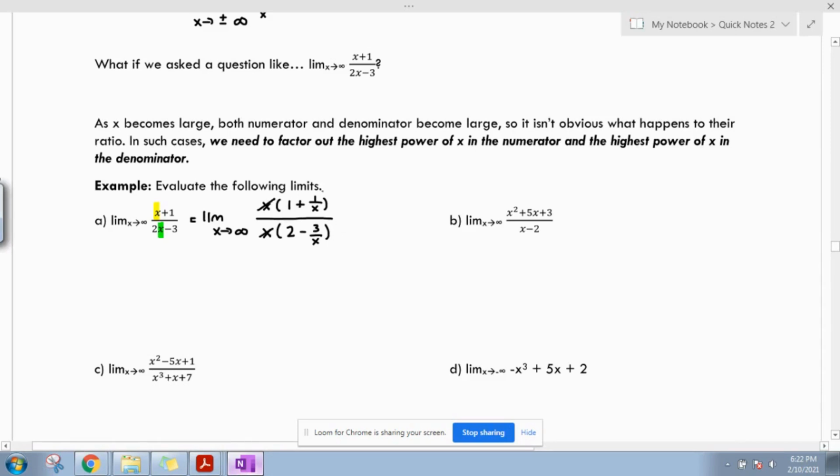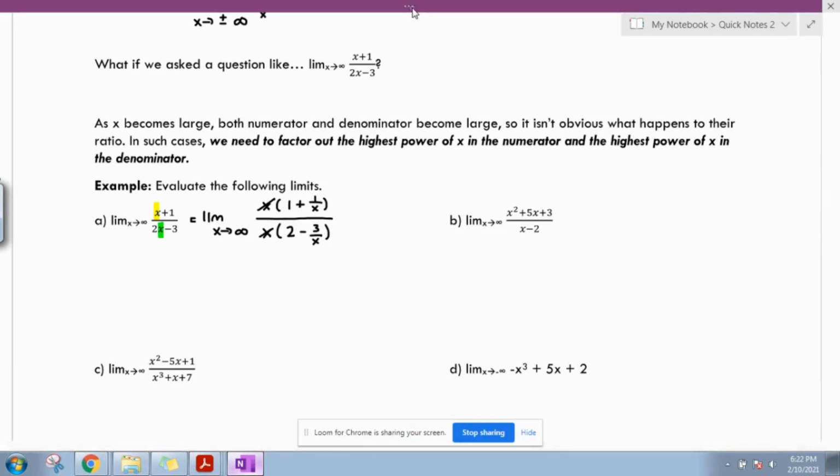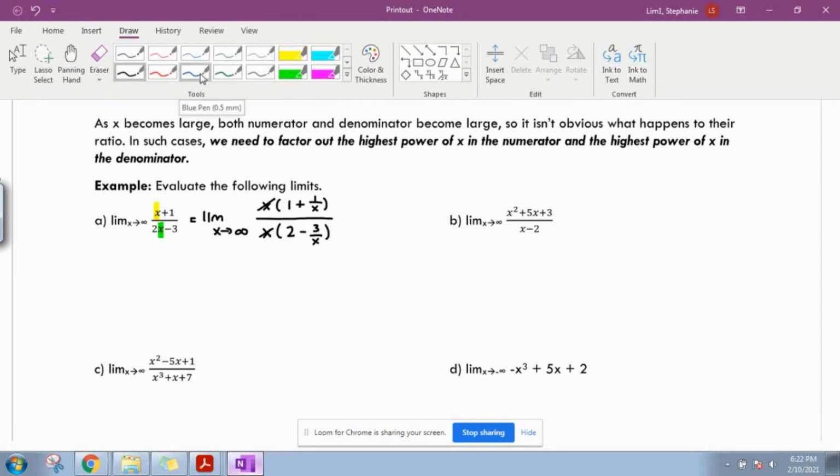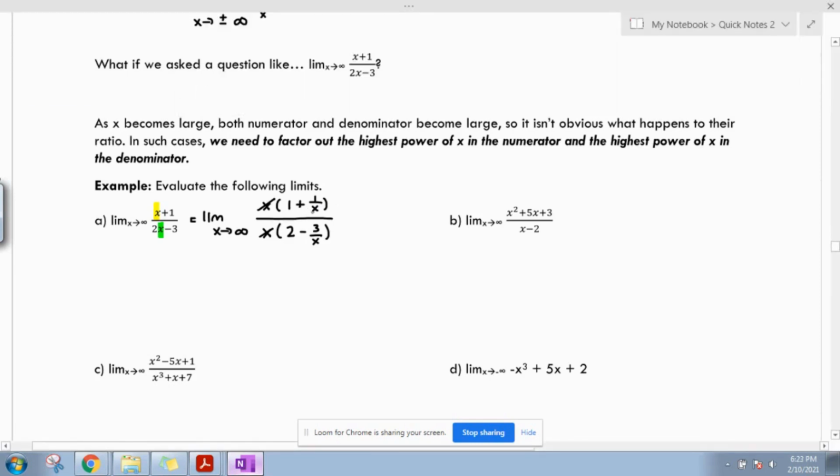And now let's talk about those situations where I've got those fractions there, right? 1 over x and negative 3 over x. I want you to think about what happens if I was to plug infinity there. So think of 1 over a super large number. That is headed towards 0 for us. The same thing can be said about negative 3 over x.